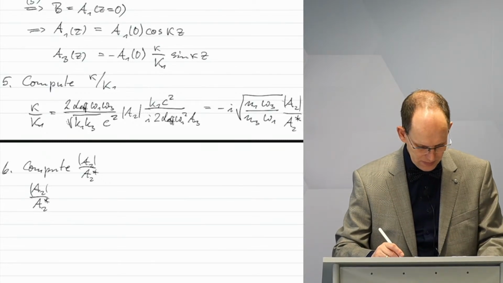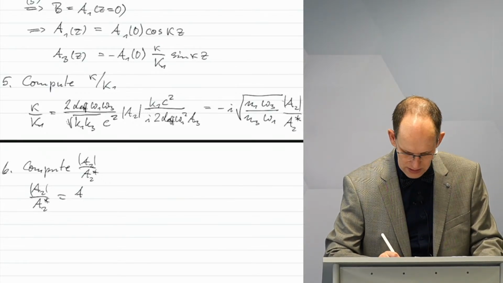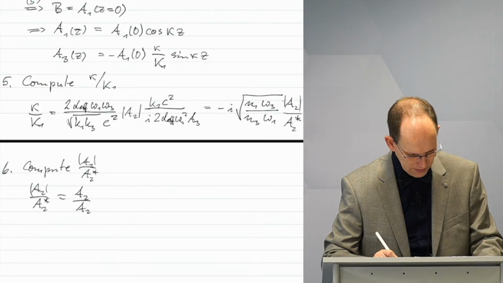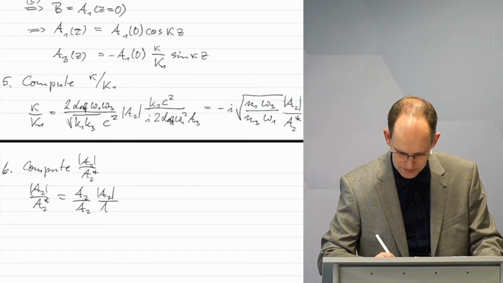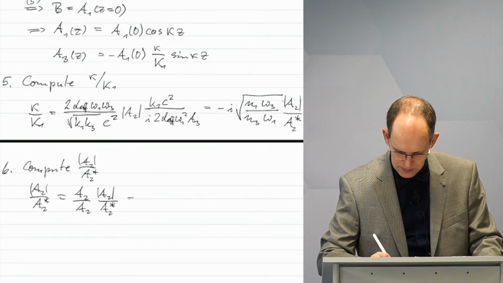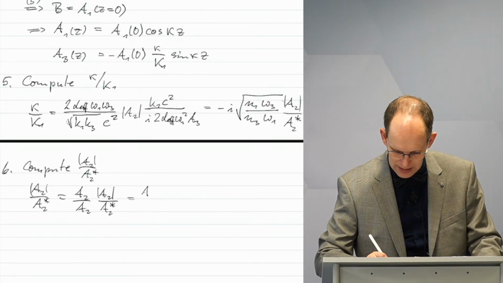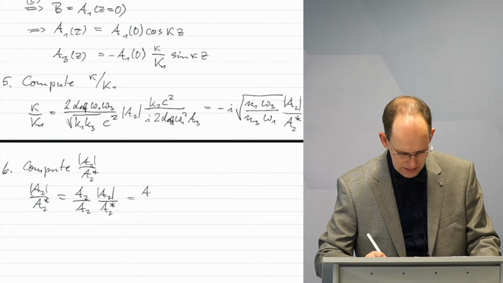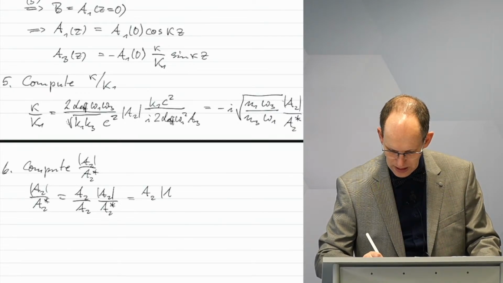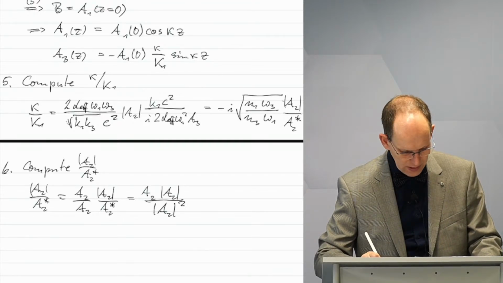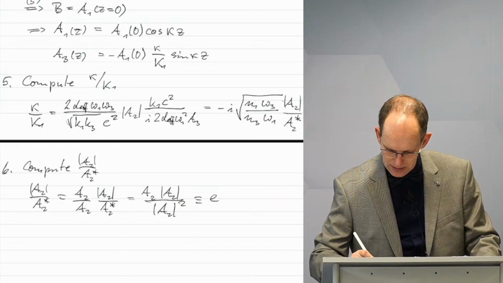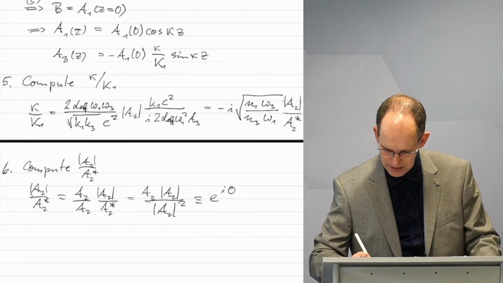This is what you probably would have expected. We expand with a2, then of course we have the magnitude squared in the denominator, and this is, by definition, the phase of this field.